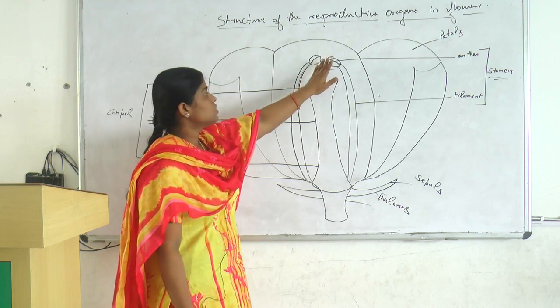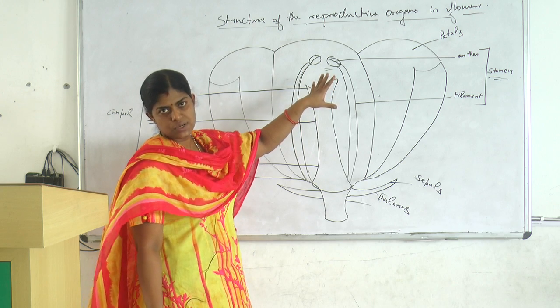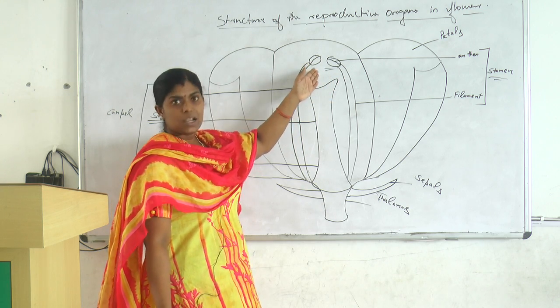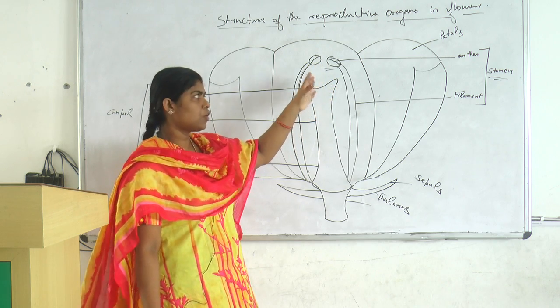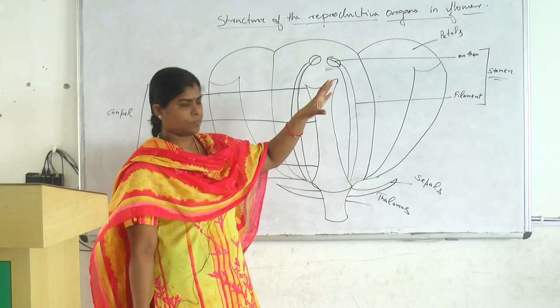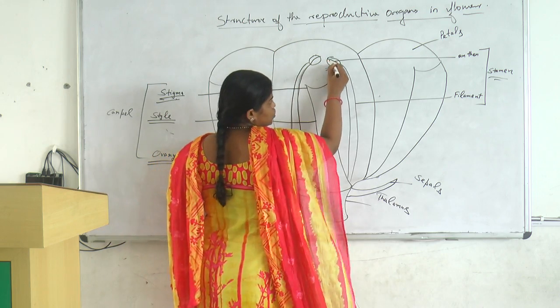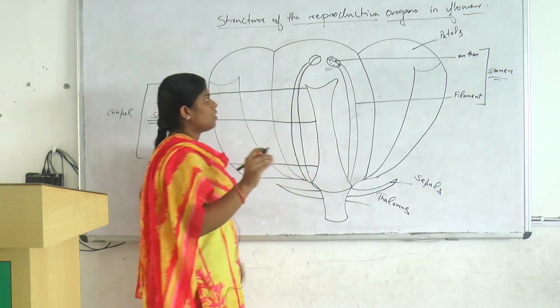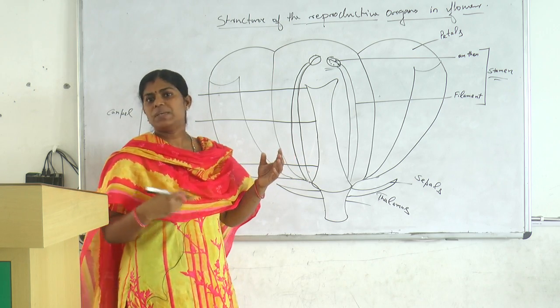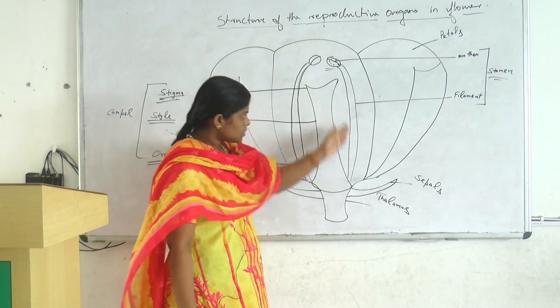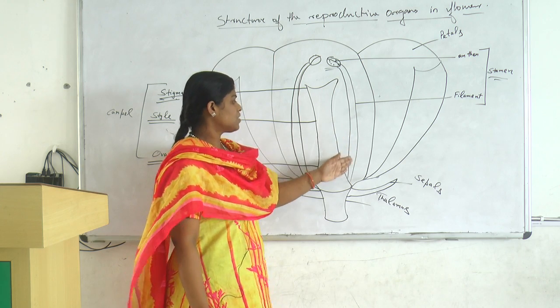The anther contains the pollen grains; when it matures it produces pollen grains within. Pollen grains are the male gametes, containing the male nucleus. When the anther matures, it opens or breaks, and the pollen grains are released. That's all about the male reproductive structure.